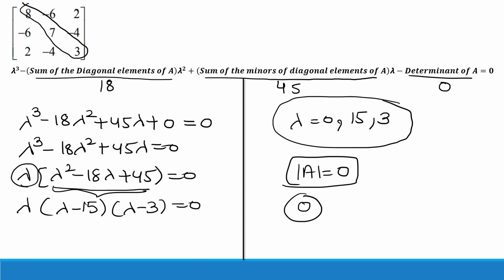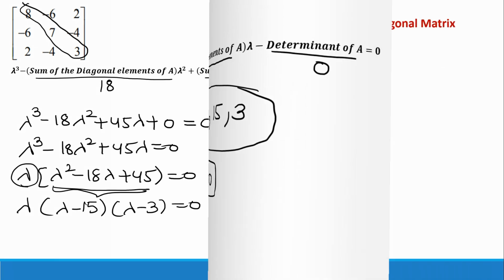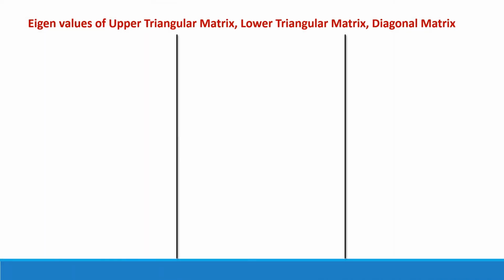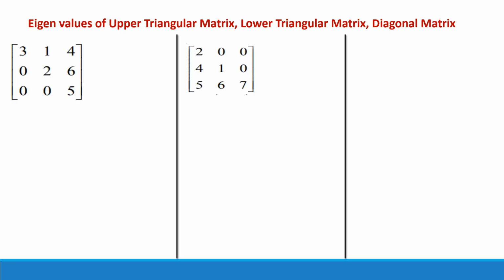Now come to the next thing: how we can calculate the eigenvalues of an upper triangular matrix, lower triangular matrix and diagonal matrix. For these matrices, the eigenvalues are equal to the diagonal elements of the given matrix.